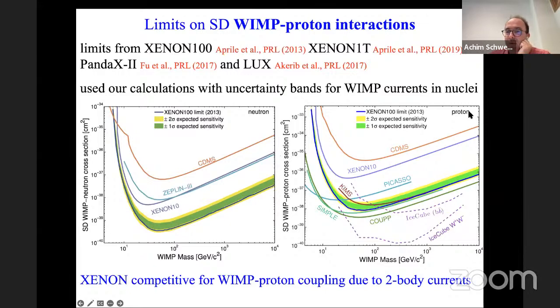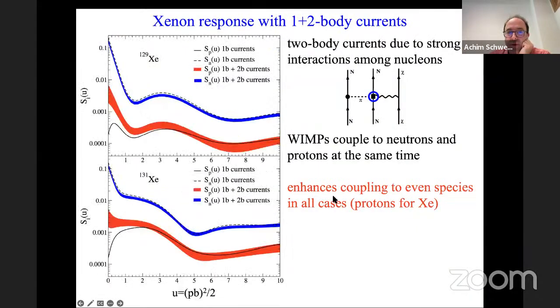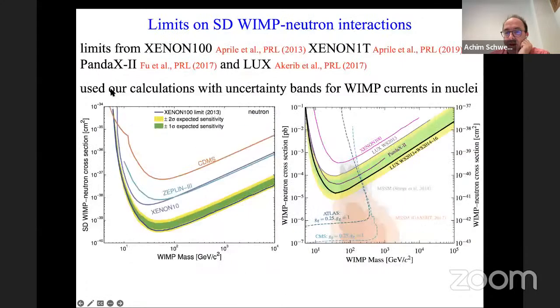If you look at the spin-dependent WIMP-proton limits, going from XENON10 to XENON100, there were two orders of magnitude improvement. And the reason that the experiment suddenly got more sensitive to the WIMP-proton coupling is because they included the response functions, which included the two-body currents. So this enhancement here is important for limits, and it makes a detector more sensitive to the even species as well.